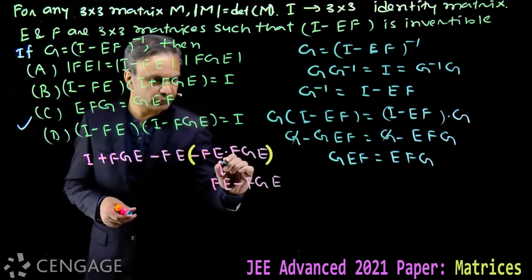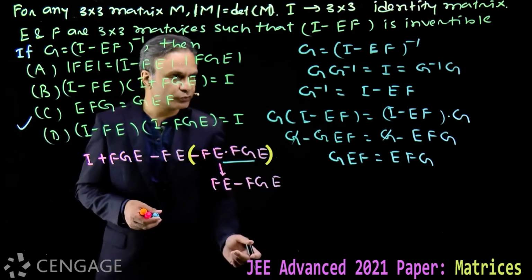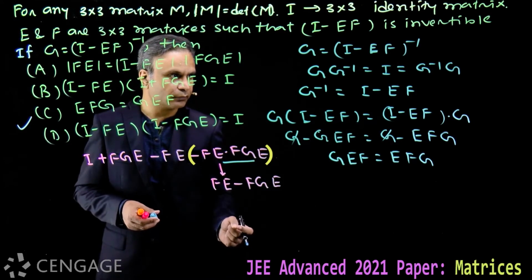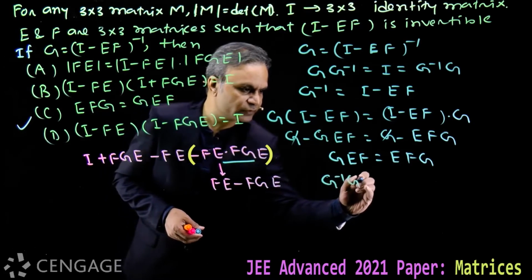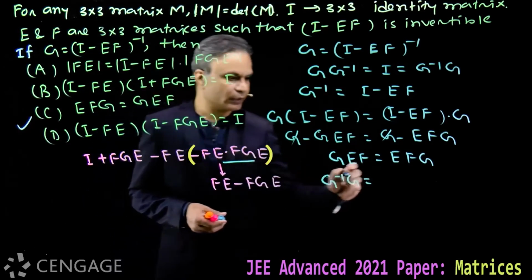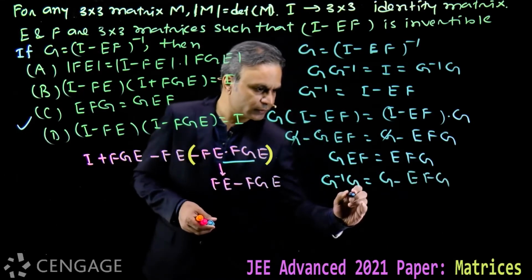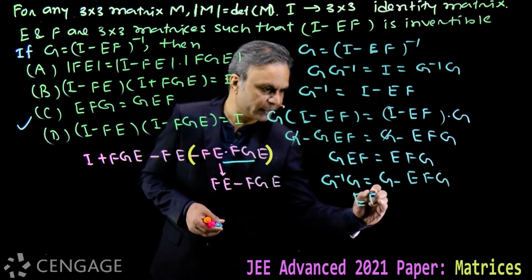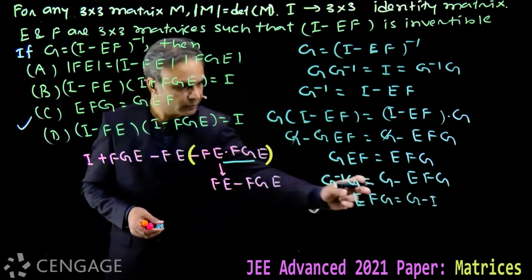Here we have EFG. We can get EFG from this by multiplying both sides by G. Okay. We get G inverse G. I am keeping G as post-multiplier because here we have EFG. This is G minus EFG. Okay, this is I. So from this we get EFG is equal to G minus I. Okay, put this value here.